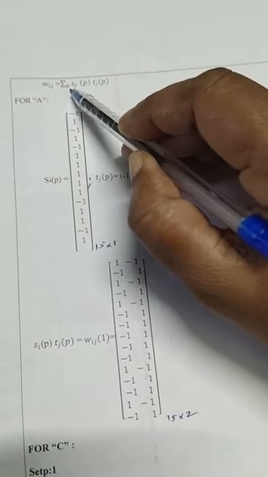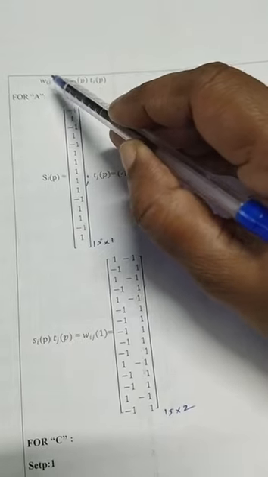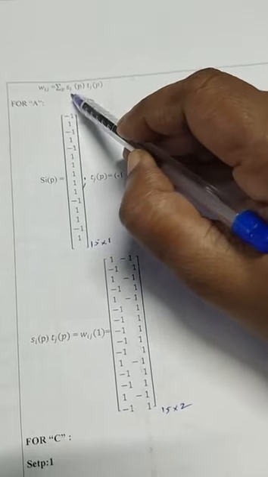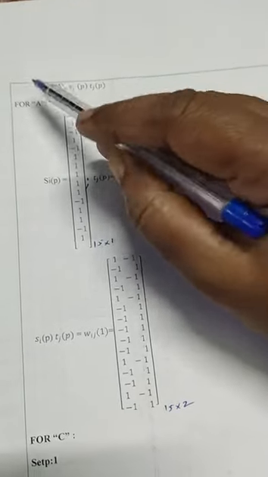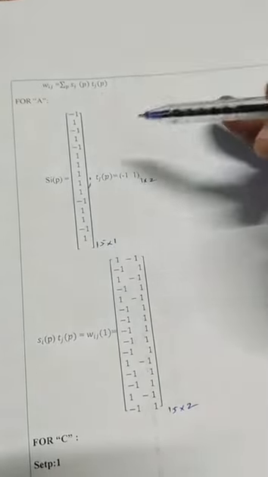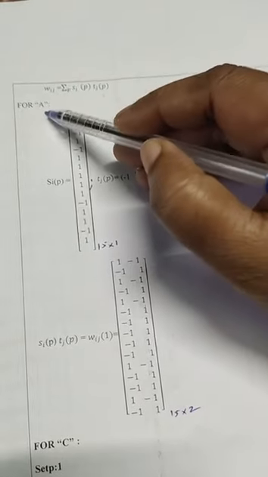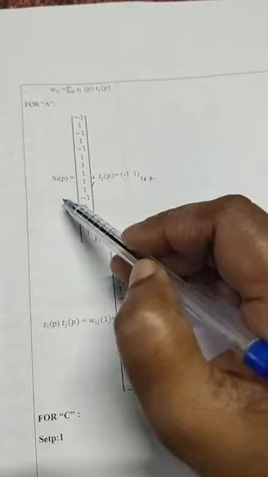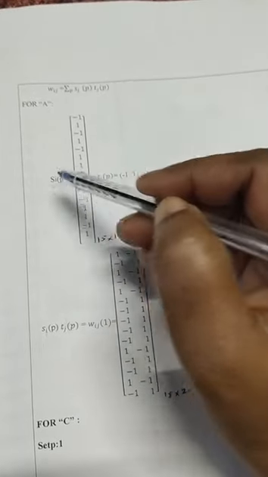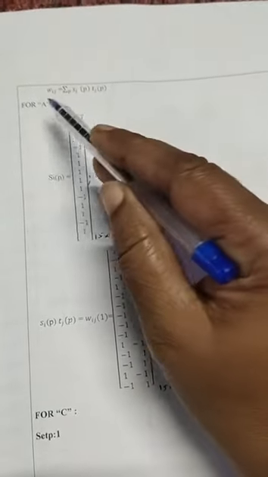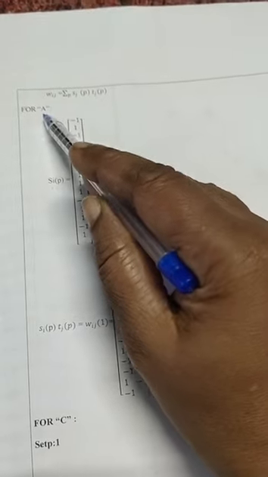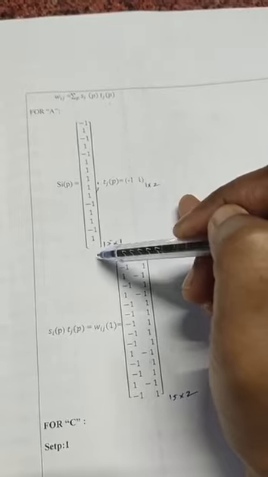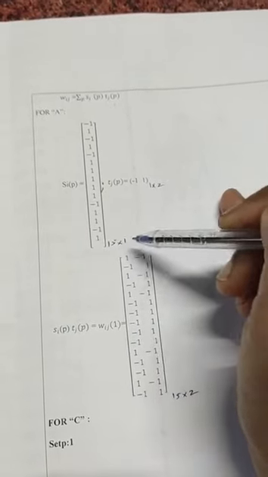P means it is a pattern. If you are going to find Wij for the first pattern, that is P is 1, you have to take Si of 1 and Tj of 1. Now we are going to find Wij for the first pattern, which is A. Si of P is Si of 1, the input pattern for the first pattern A, which is already given by means of the 15 cross 1 matrix.